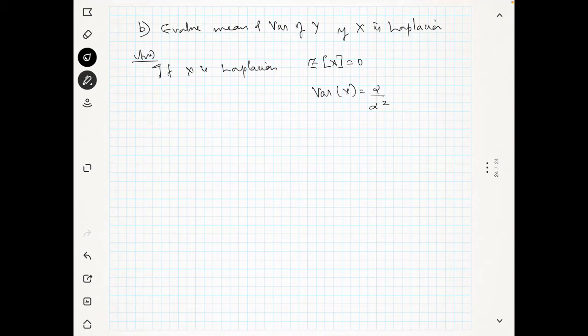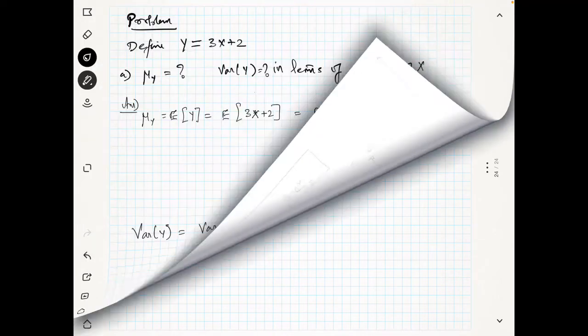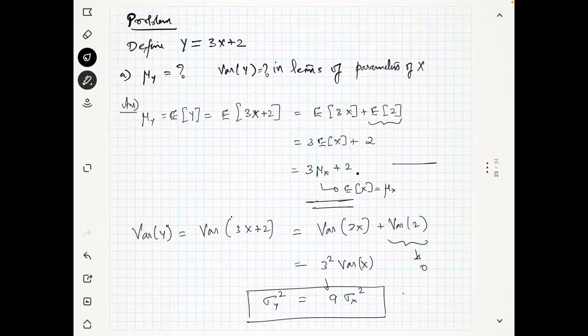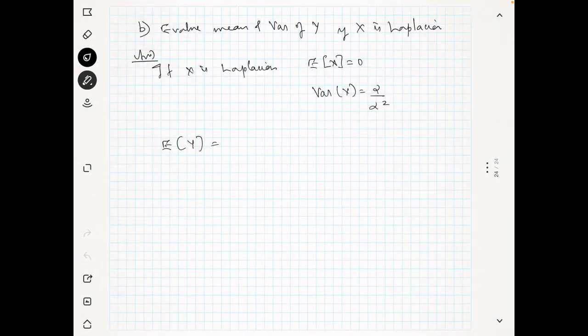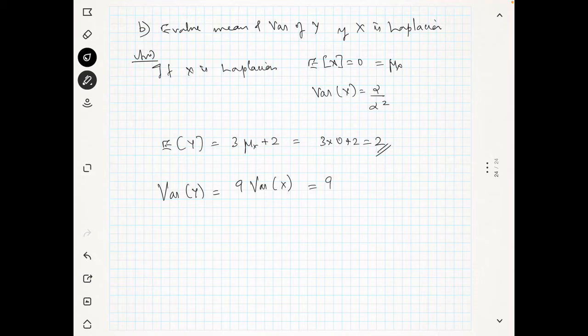So what will be the expected value of y? From the formula in part A, it is nothing but 3 into mu x plus 2. Since mu x is equal to 0, it is 3 into 0 plus 2, which is equal to 2, right? Now the variance of y is equal to 9 into the variance of x, so this is equal to 9 into 2 divided by alpha square, which is equal to 18 by alpha square.